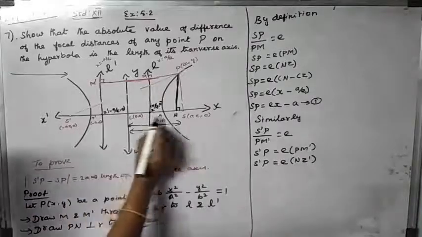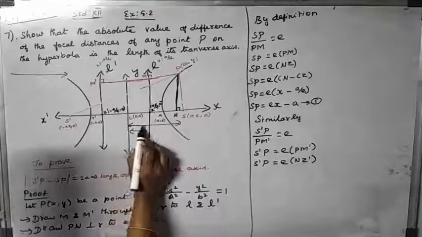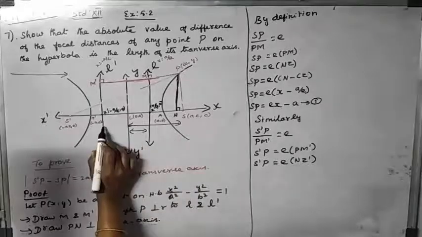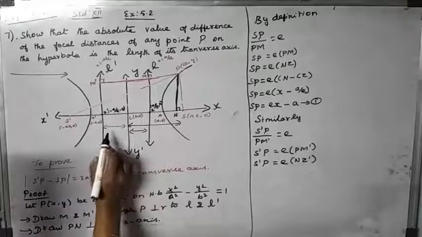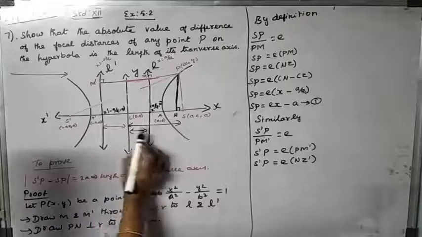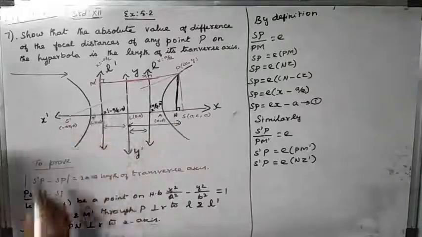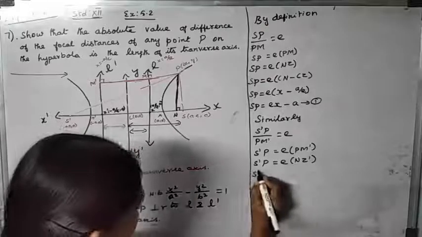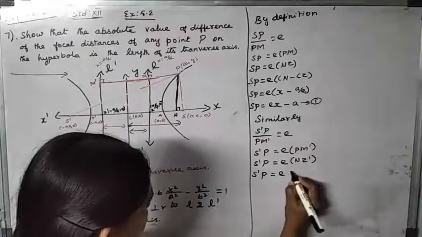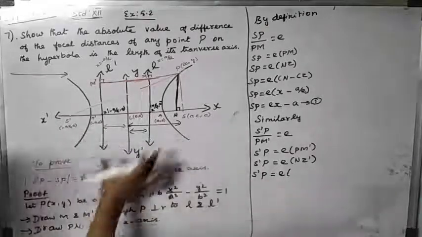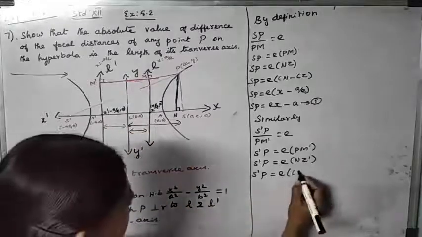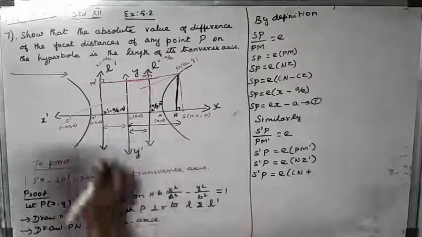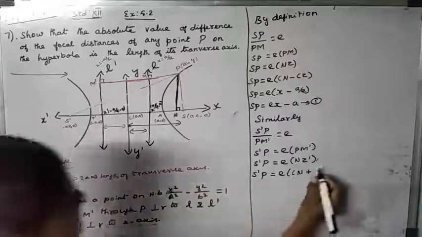Now how to find this NZ dash? Now we know CN and this distance I want. So I want to add these two distances, then I can get NZ dash, the total distance. So S dash P is equal to e of, first we have to add both. First CN plus CZ dash.